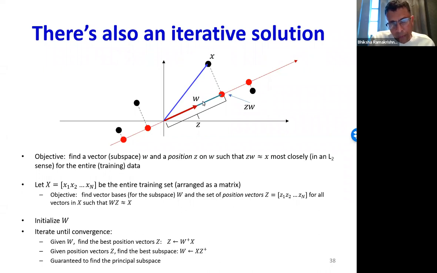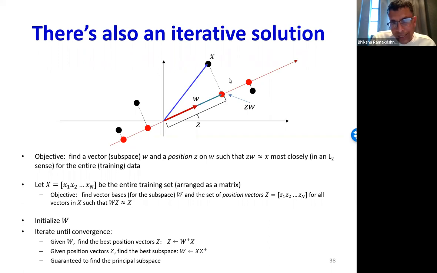In other words, you're trying to estimate the W, which represents the principal subspace, and then for each data point X, you're trying to find the weight Z such that Z times W is the closest approximation of X on the principal subspace.